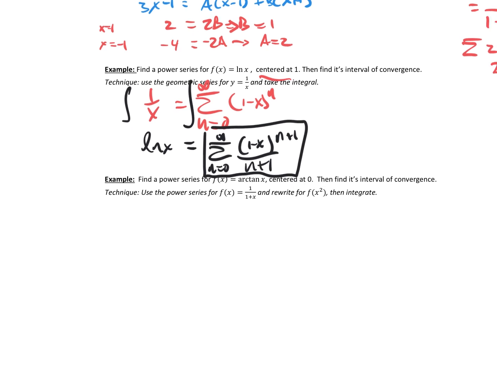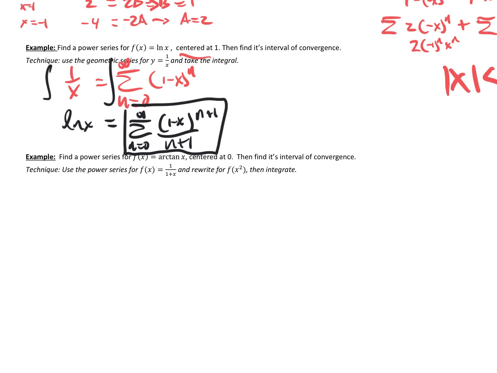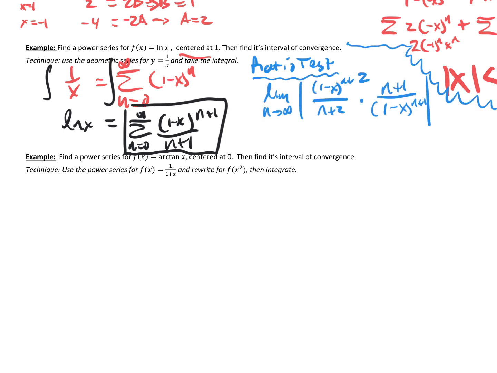Okay, and we can do the ratio test here to find its interval of convergence. So we're going to do our ratio test, which is a limit of the absolute value of the n plus 1 term. Well, notice it already is n plus 1, so we need n plus 2 over n plus 2, plugging in n plus 1 there, divided by the nth term, which means times the reciprocal.